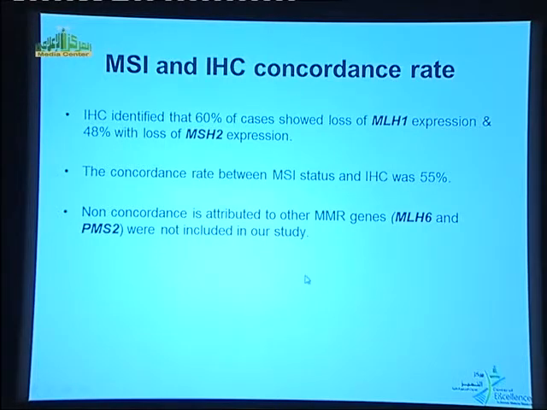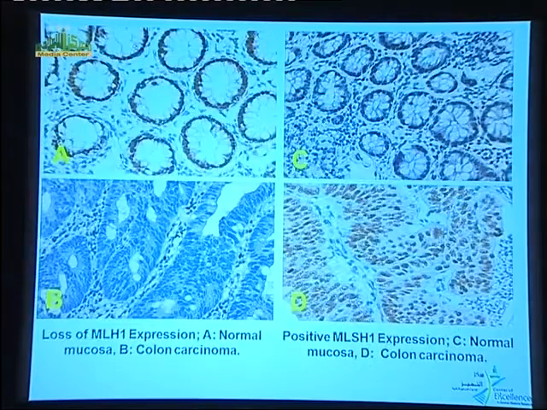The non-concordance may be because we didn't look for the other mismatch repair proteins like MSH6 and PMS2. So these are under investigation. I would like to see in the future what they show in our samples.